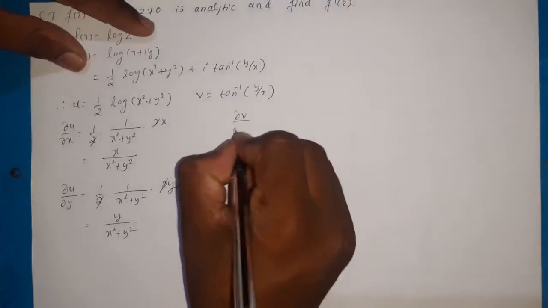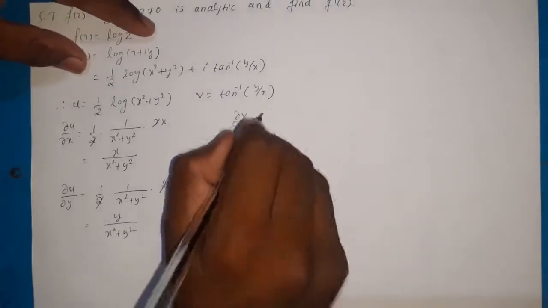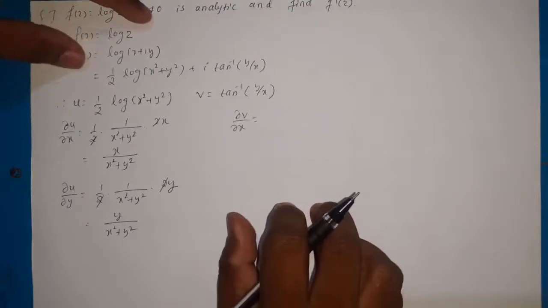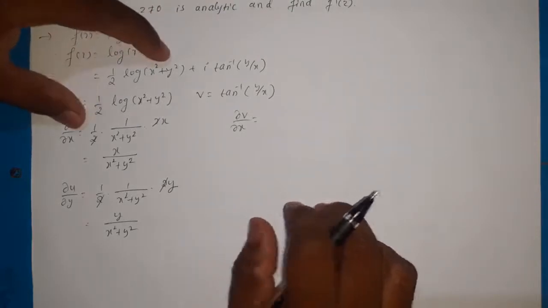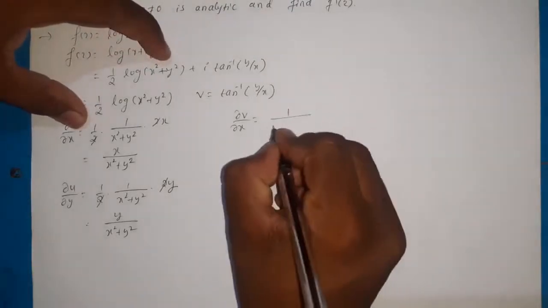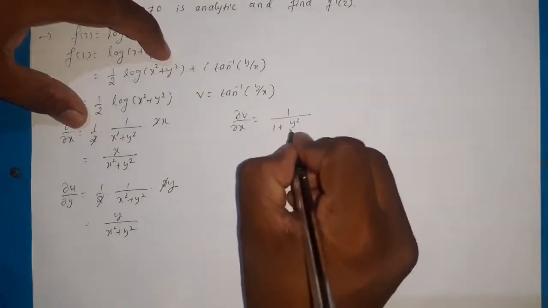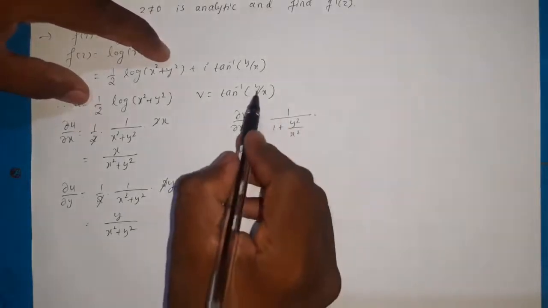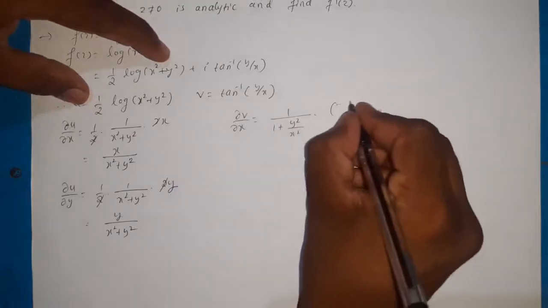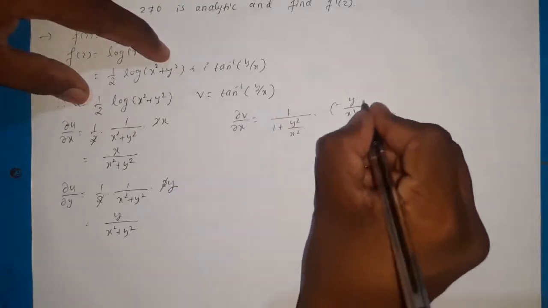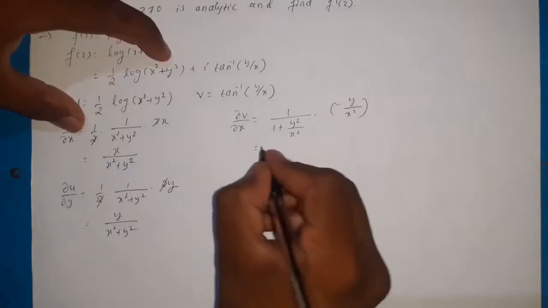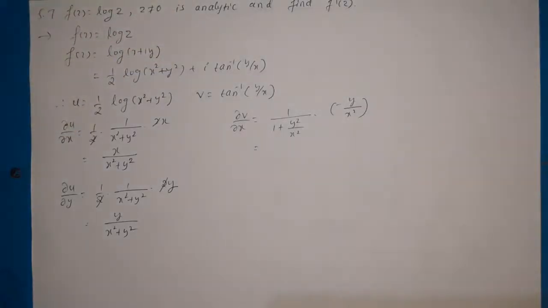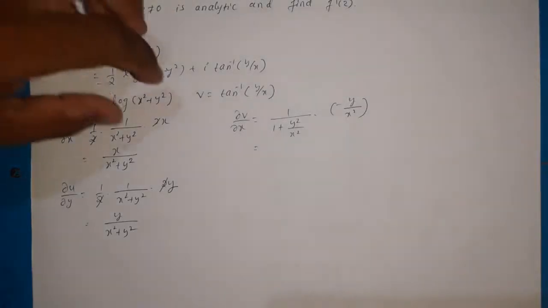Now, ∂v/∂x. The differentiation of tan⁻¹(x) is 1 divided by 1 + x², hence it is 1 divided by 1 + y²/x² into, again, the differentiation of y/x is minus y divided by x², because the differentiation of 1/x is minus 1/x² and y is constant as it is.